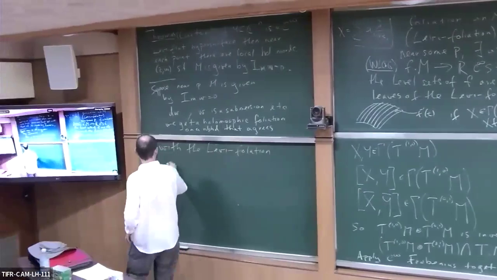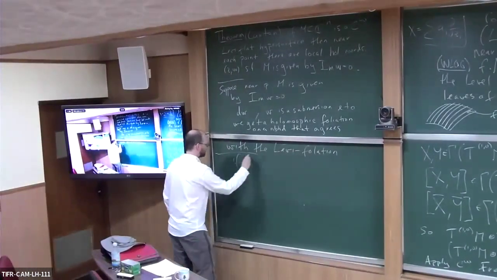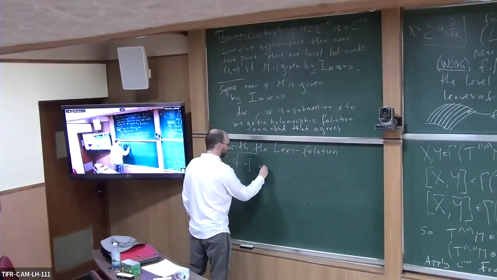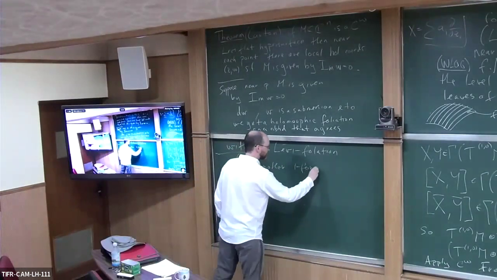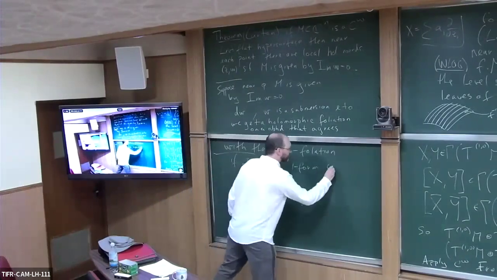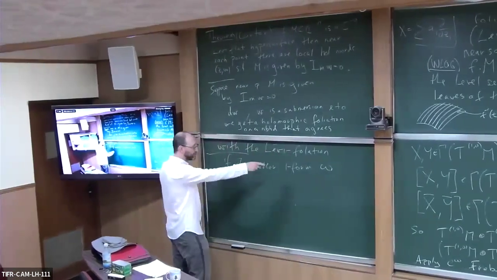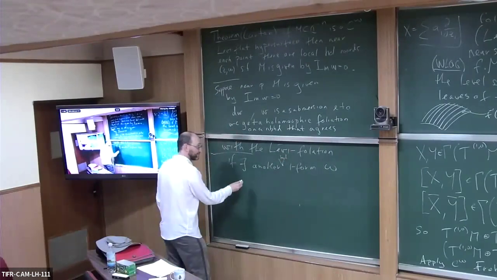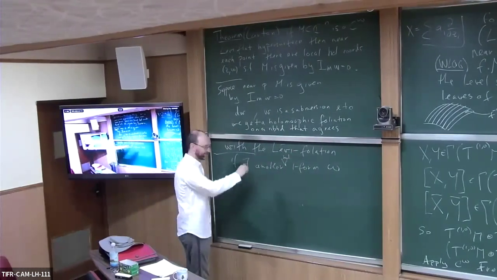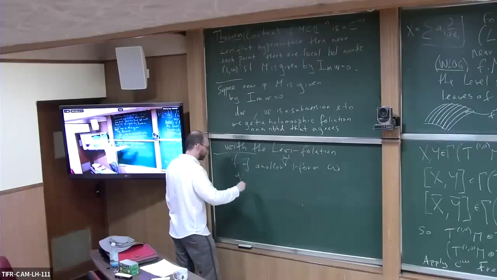So suppose another holomorphic one form omega gives a foliation, so it's integrable: d omega wedge omega is 0.